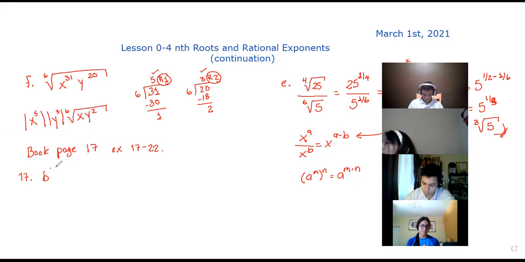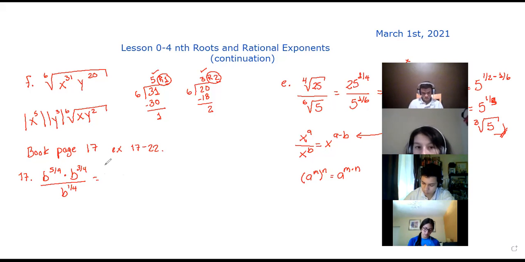B to the 5/4 times B to the 3/4 divided by B to the 1/4. Okay. Basically, this exercise can be solved using the properties of exponents. Remember, I just wrote it like 10 minutes ago.